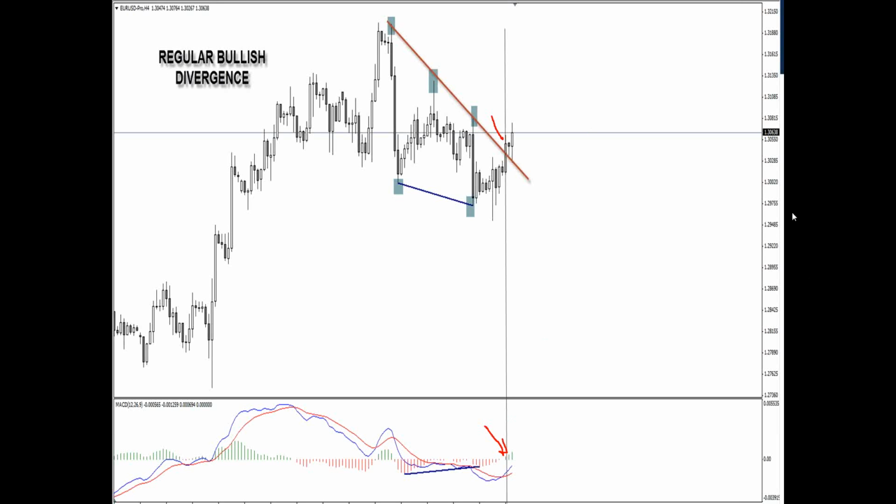Mila is asking, how does divergence work on lower time frames? I don't look at lower time frames. I don't look at 1 hour or lower than 1 hour. 1 hour is my preferred divergence type of setup. 1 hour chart, of course. But to be honest, you can. It doesn't work quite well on M5, M15.